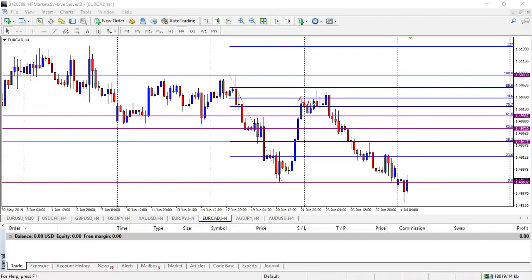The body of this candle still closed below the body of this candle. This is already telling you that the buying strength is reducing already. And don't forget, we are still on H4. The buyer strength is already reducing. But look at this zone. This is a very, very, very important area that you have to pay attention to.